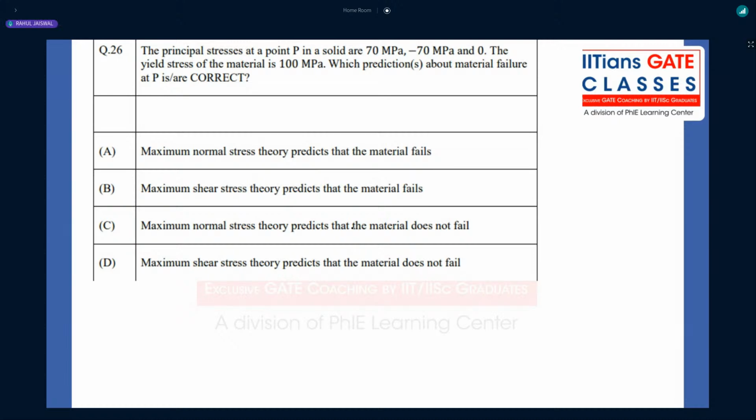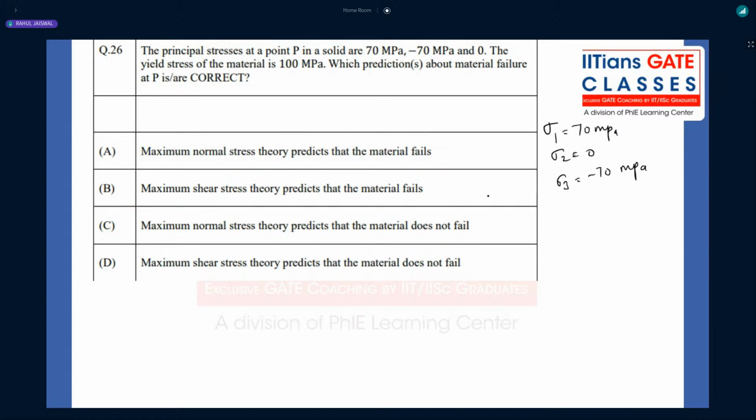Now, when you think of this particular question, the principal stresses they have given are sigma 1, that is 70 megapascal, sigma 2 is 0, sigma 3 is minus 70 megapascal, right? The maximum normal stress theory predicts the material fails.